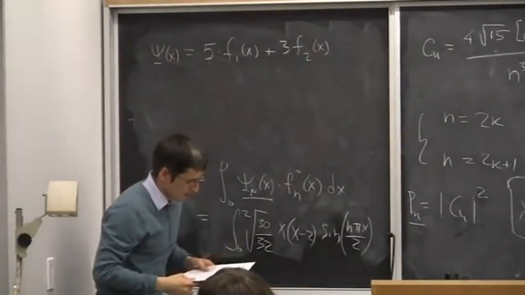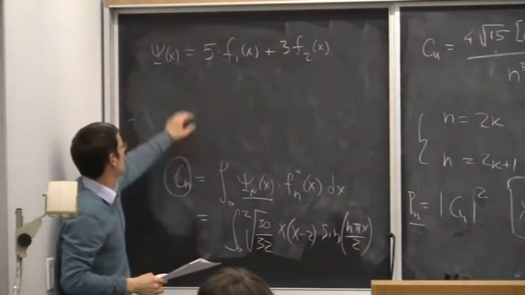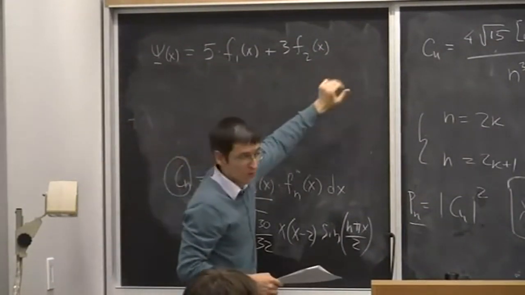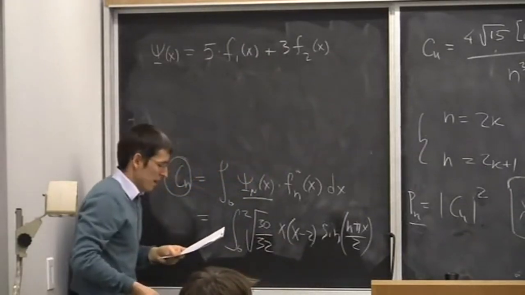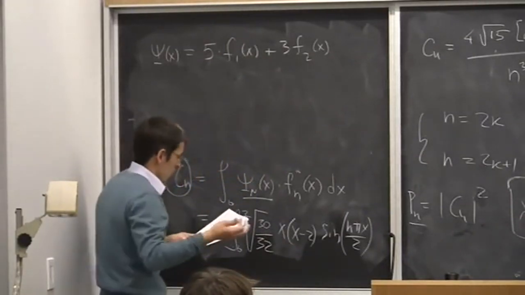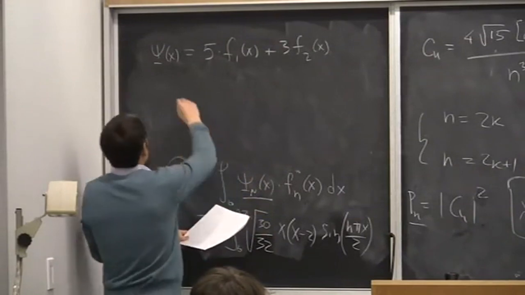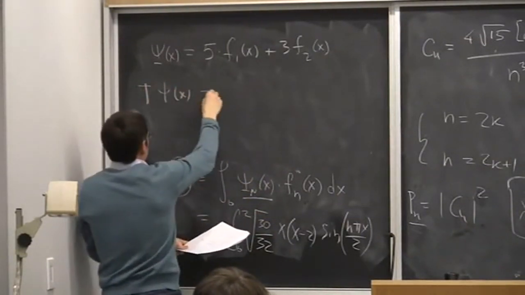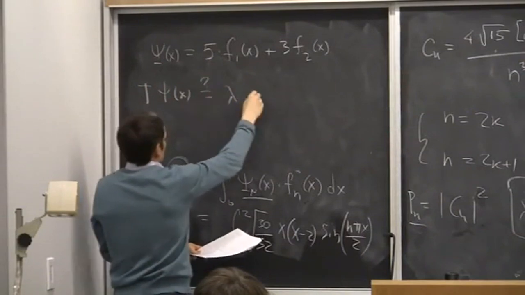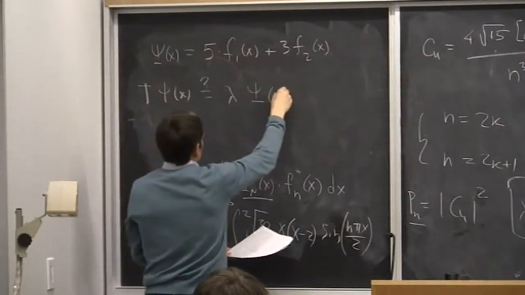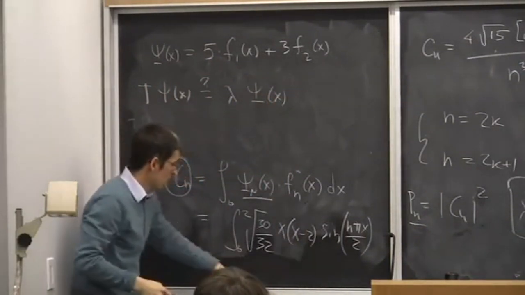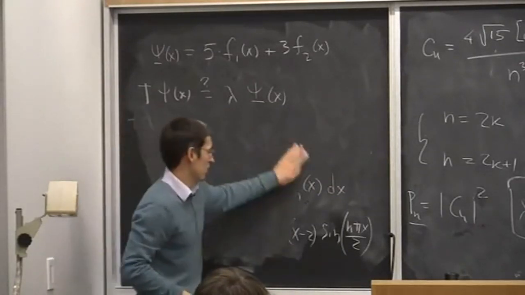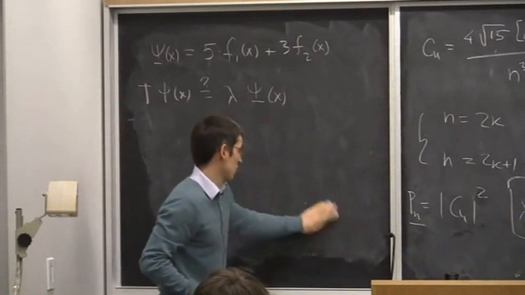So this is an easier case because the function is given as an expansion of eigenfunctions. And the first question is whether this function is an eigenfunction of the kinetic energy operator. Well, probably already at this point you have an intuition that the answer is no.